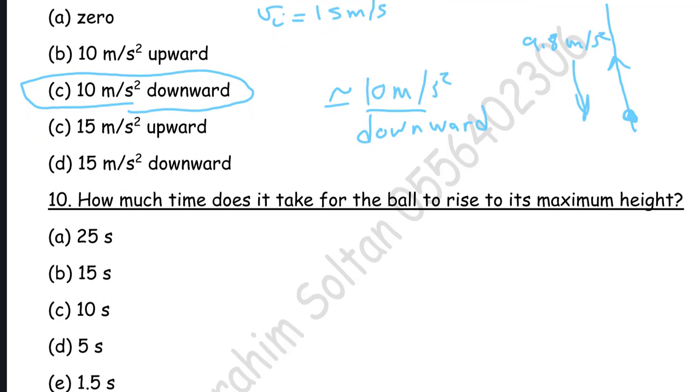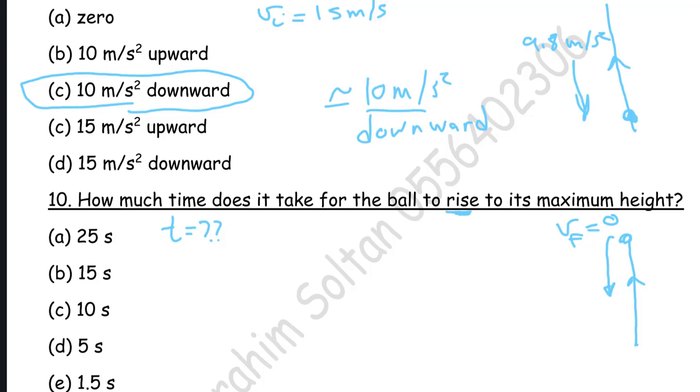How much time does it take for the ball to rise to its maximum height? When the ball reaches the maximum height, its velocity equals 0, because when the velocity equals 0, the ball starts to fall down.